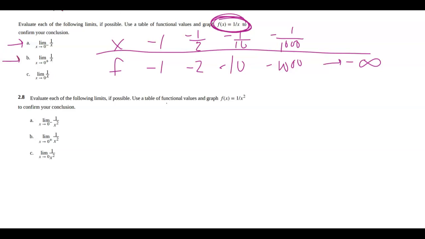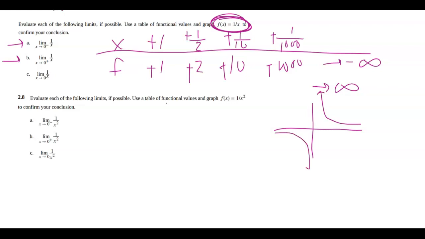As we approach 0 from the right, the only thing that would make this different is now I'm approaching 0 from the right side, which means all of these values trend to positive infinity. Now, if we look at the graph of 1 over x, you can see that that's true.